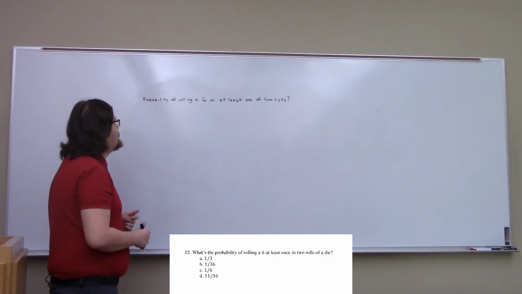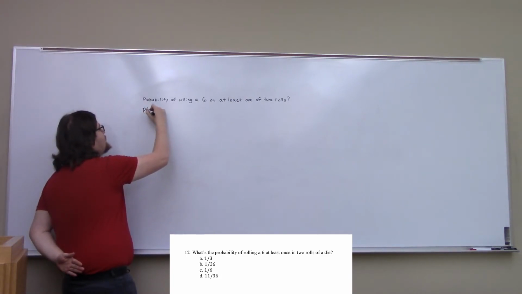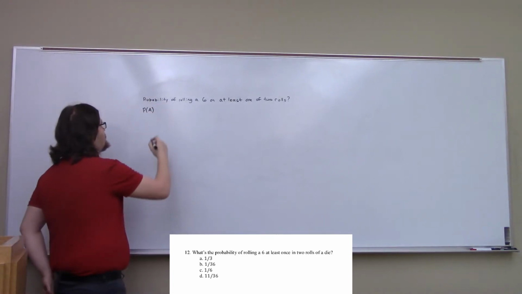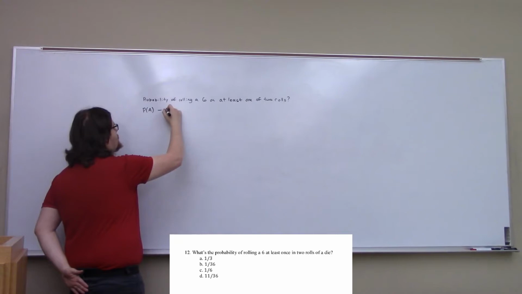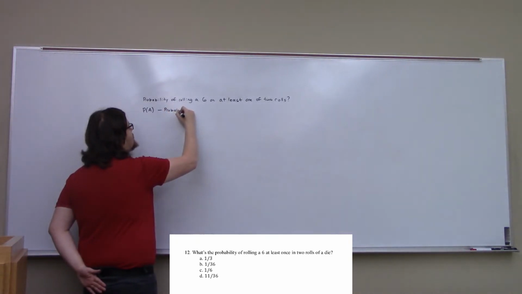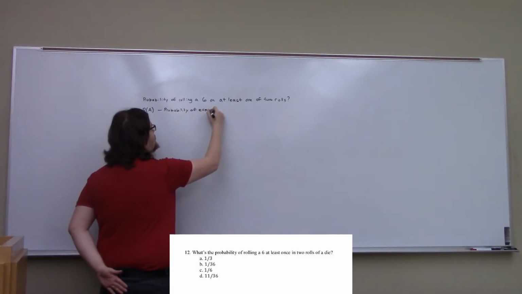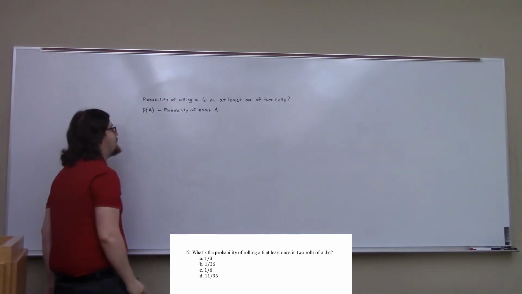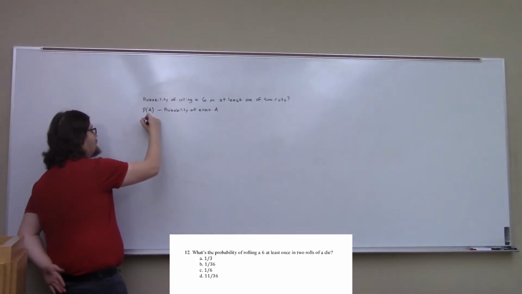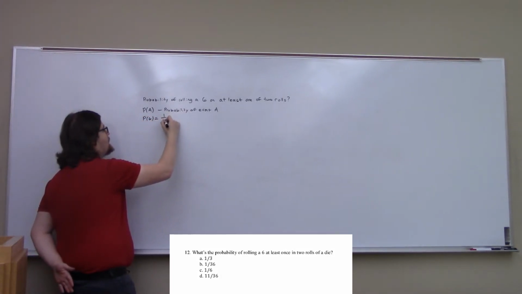The first thing we need to know is that we write the probability of an event, A, in this form, P of A, which is simply shorthand for the probability of an event, A. So we can say then that the probability of rolling a 6 on a 6-sided die is going to be 1 out of 6.